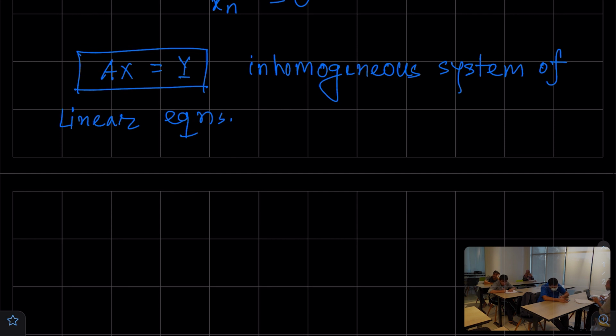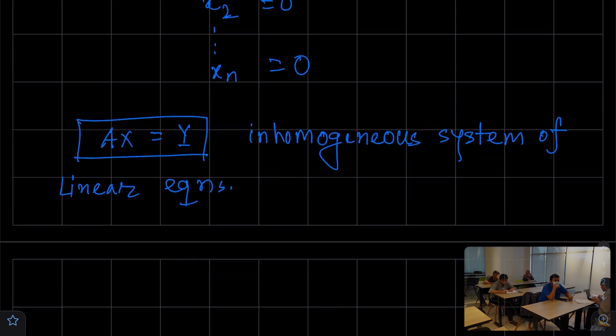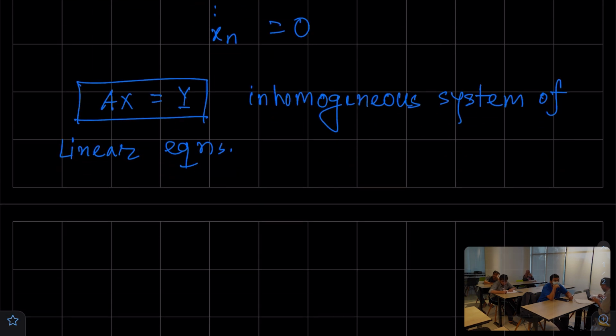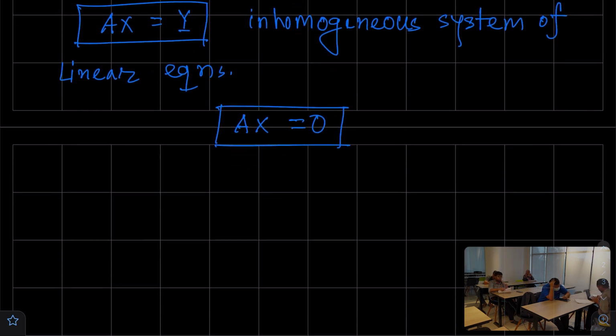The first thing that is important here is that in the previous equation Ax equal to 0, it always has a solution, right? The trivial solution. But is it guaranteed that for Ax equals y, this system always has a solution?